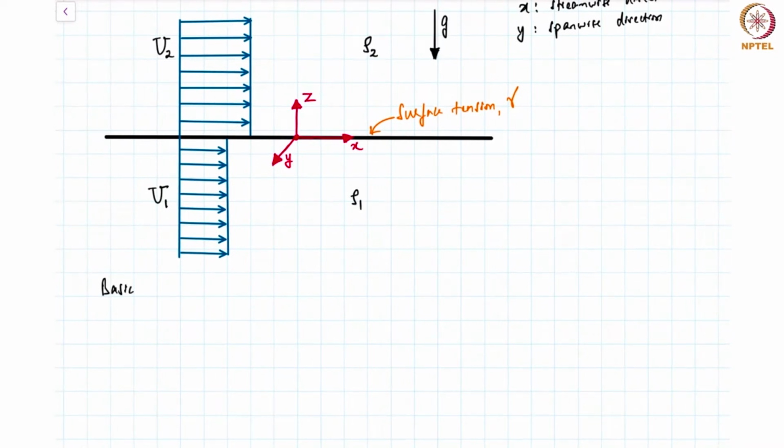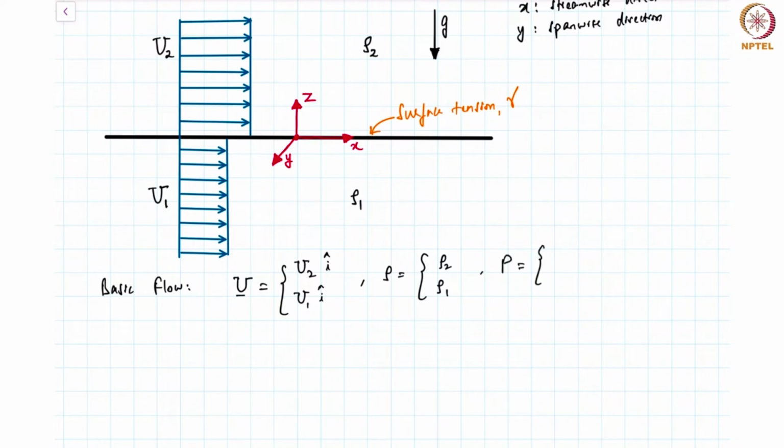Base state or basic flow is the following. I have the velocity u is u2 î, u1 î, the density ρ2 and ρ1, and the pressure P is some P0 minus ρ2 g z, P0 minus ρ1 g z.